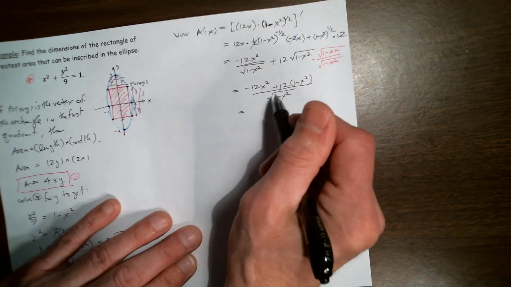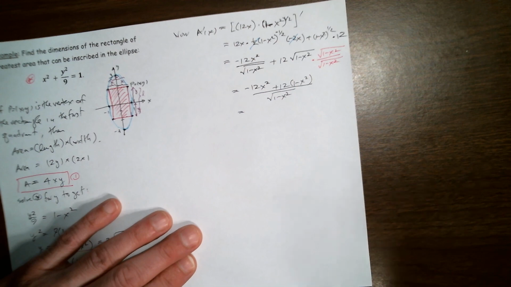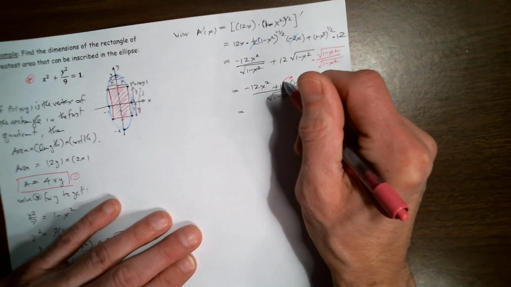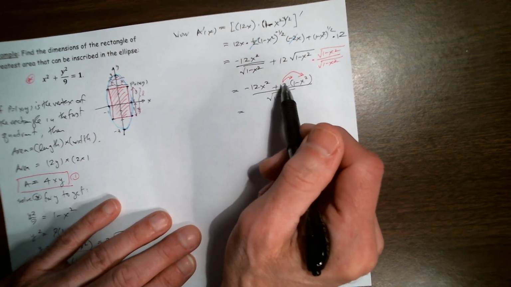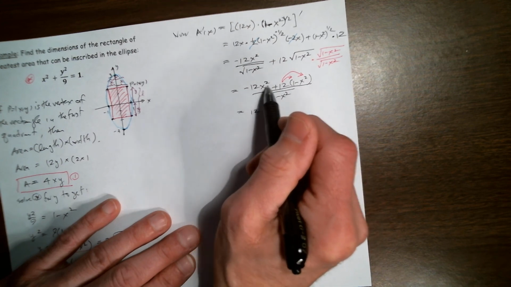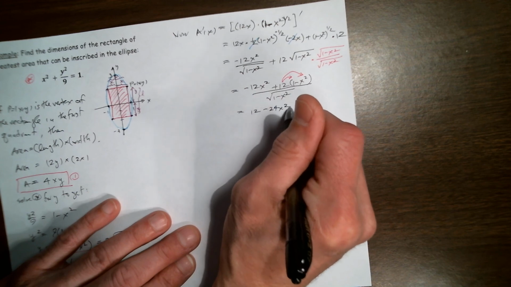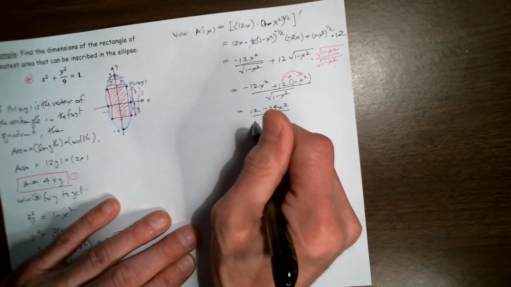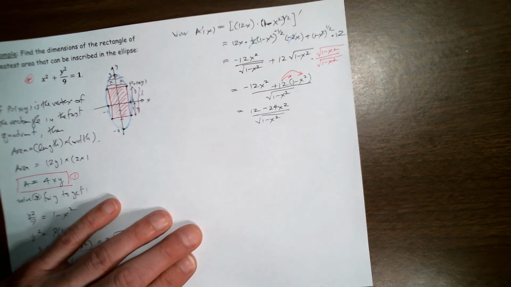So let's now combine, when we distribute this 12 in the numerator, right, across that second factor in the product, and then combine like terms. So we'll have a constant 12. We have this minus 12x squared, another minus 12x squared. So in fact, a negative 24x squared, all divided by root 1 minus x squared.